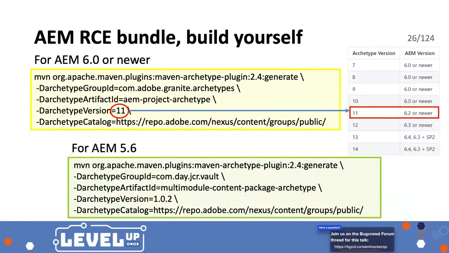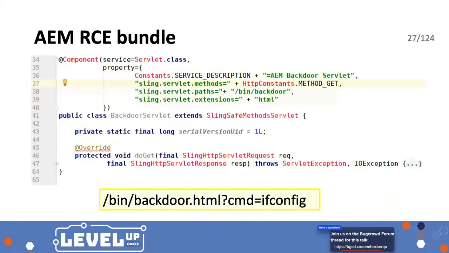For all other AEM versions, you have one command line. You should select archetype version correctly from the table presented on the slide. Bundle includes a Sling servlet on path /bin/backdoor.html. Servlet has parameter cmd that accepts shell command to execute.